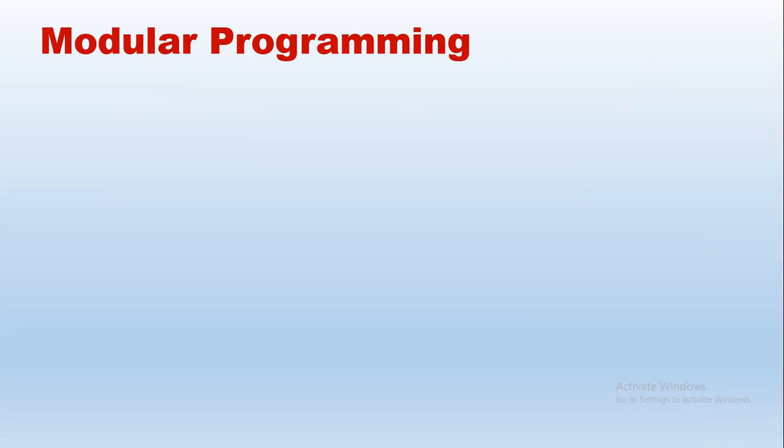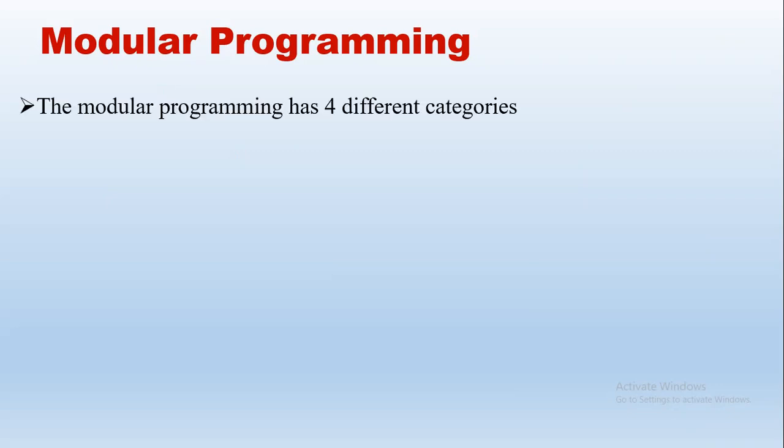In this case, we have four different categories of functions or modular programming based on the parameters and the return type. We may have parameters passed into the function and the function may return a value. In that case, a return type has to be mentioned.